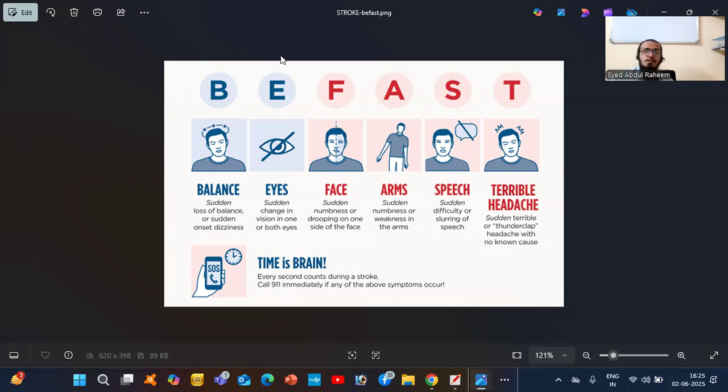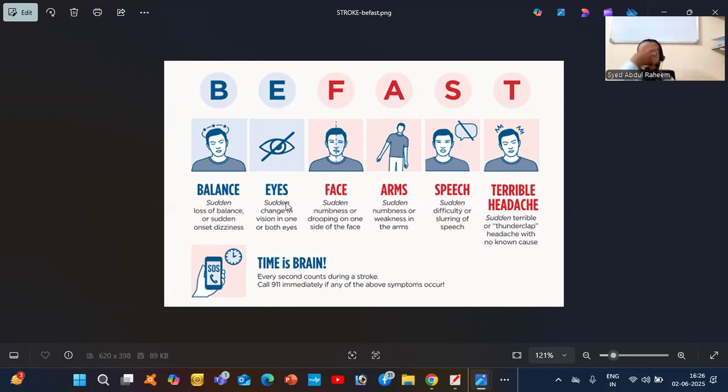You have to act very fast. So that is why we have a mnemonic, BE FAST. From B we have balance. The patient has sudden imbalance of walking, or sudden unconsciousness or dizziness, and it continues happening.